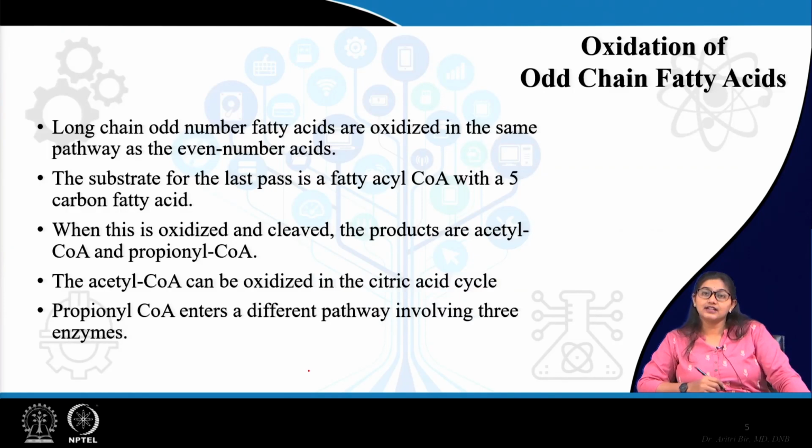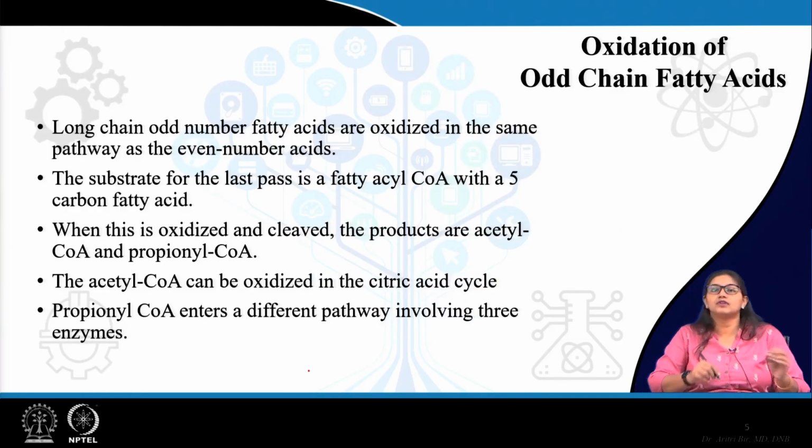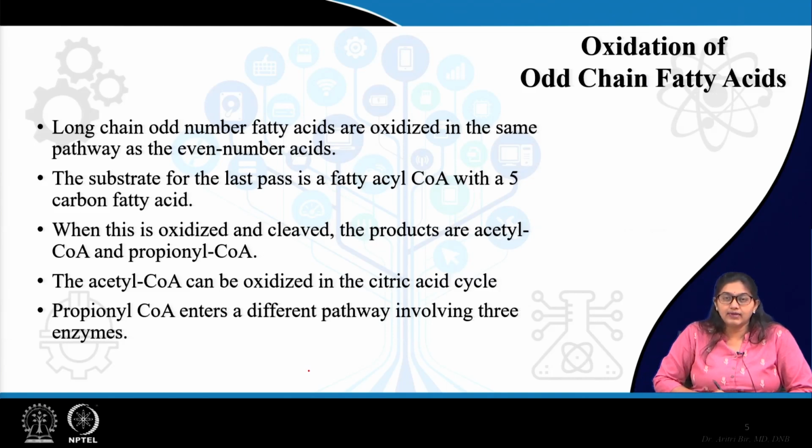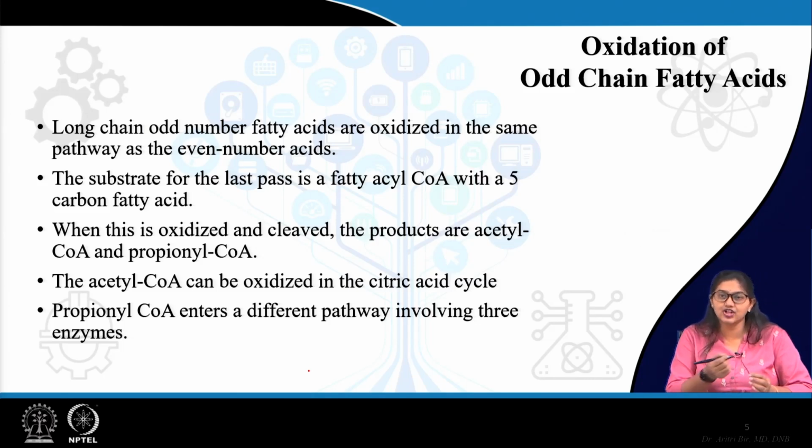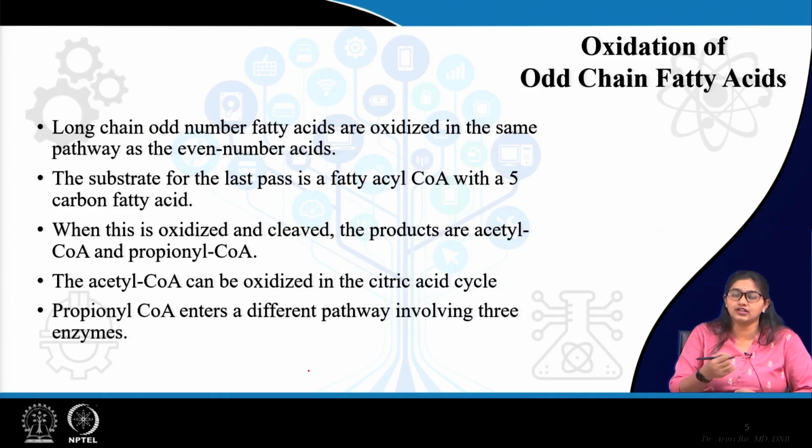Now, palmitic acid is an even chain fatty acid, a 16 carbon compound, but what happens when there is an odd chain fatty acid? Odd chain fatty acids follow the same pathway, that is dehydrogenation, hydration, again NAD dependent dehydrogenation and thiolytic cleavage, and there is continuous formation of fatty acyl coenzyme A that is 2 carbons shorter.